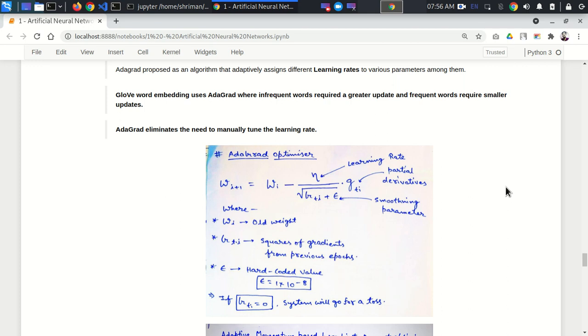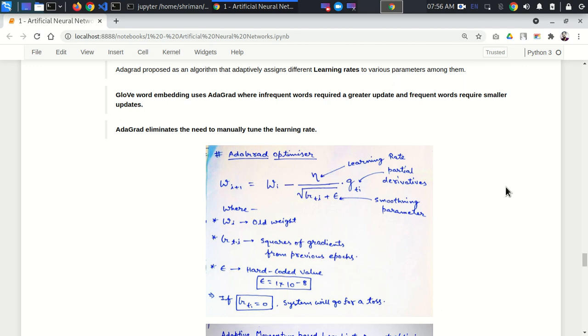This was a major problem. Adagrad was a complete breakthrough in this, as it eliminates the need to manually tune the learning rate.